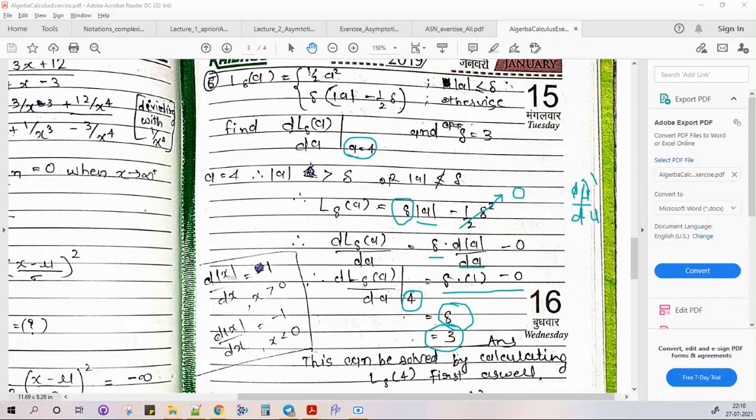Just keep in mind, I highlighted this because you can't take mode A equal to A in general. Mode A equals A only if A is greater than 0. If A is positive, then mode A is equal to A. If A is negative, let's say A equal to -5, then mode A is minus minus 5, and minus minus is plus.